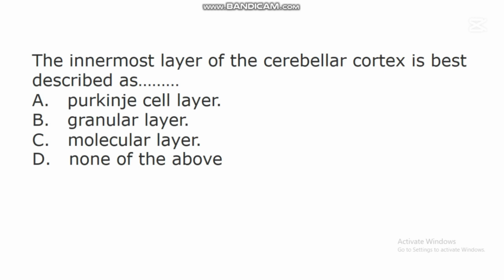In this question, the correct answer is B. Granular layer. Granular layer is the innermost layer of the cerebellar cortex. Research has shown that this granular layer is the innermost layer of the cerebellar cortex among the 3 layers of this cerebellar cortex.